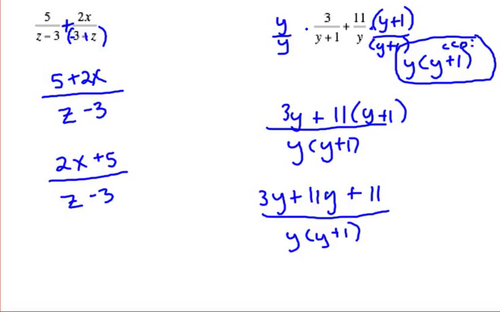Now collect my like terms. 3y plus 11y is 14y plus 11 over y times y plus 1. I don't have a GCF here, so there's nothing to factor out. No factors in common to 14 and 11, which means that is my final answer.